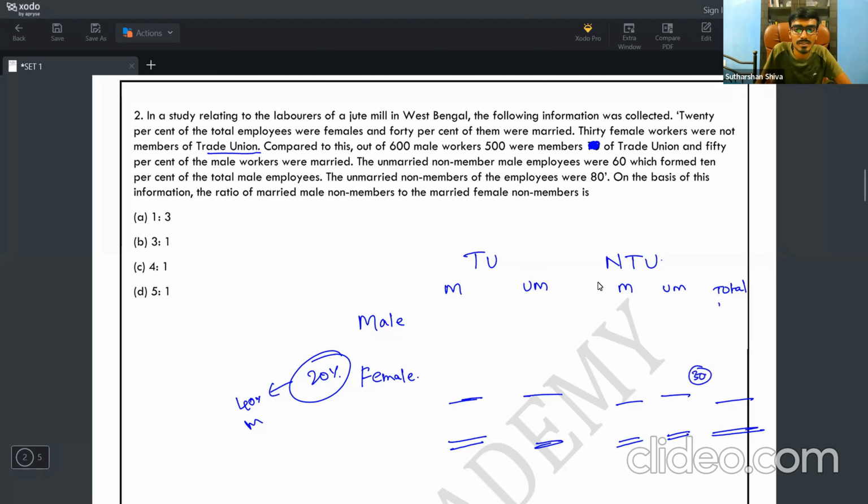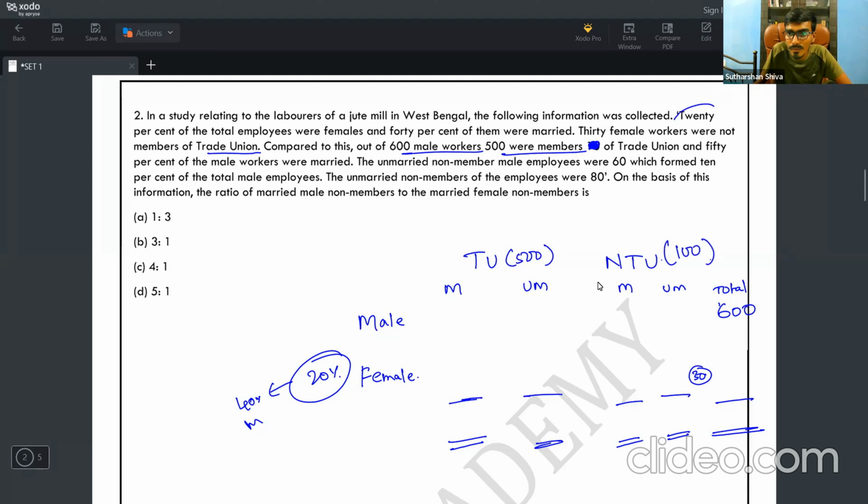Compared to this, there were 600 male workers. In total, there are 600 male workers. 500 were members of the trade union. It means 100 are non-members of the trade union.